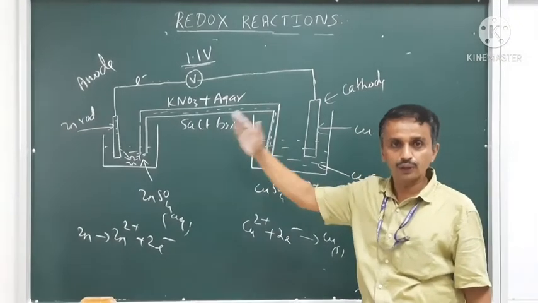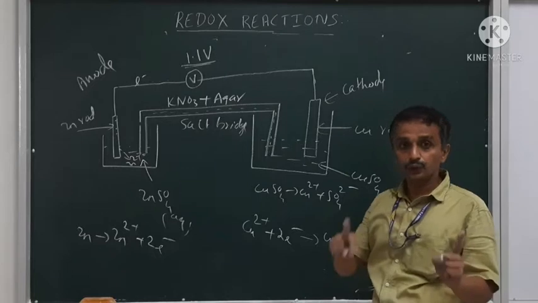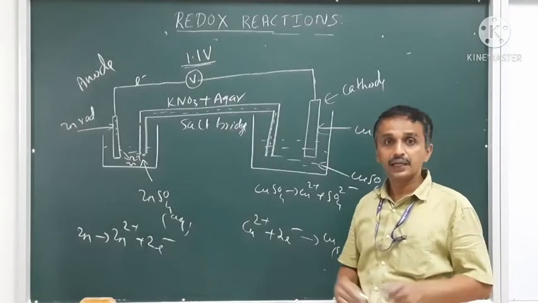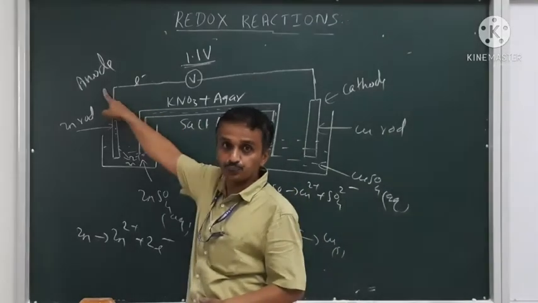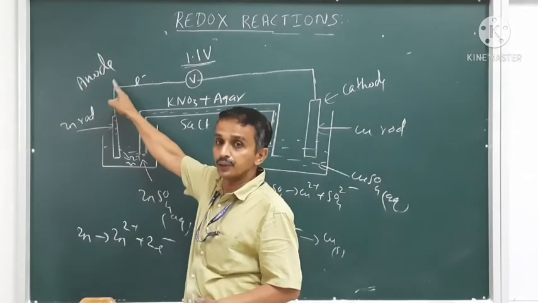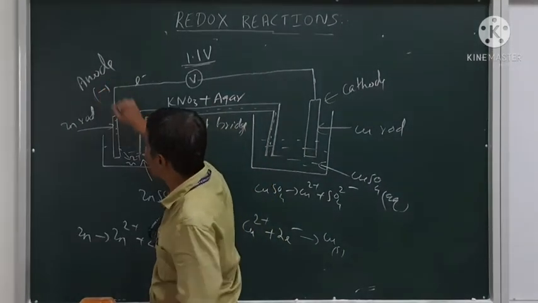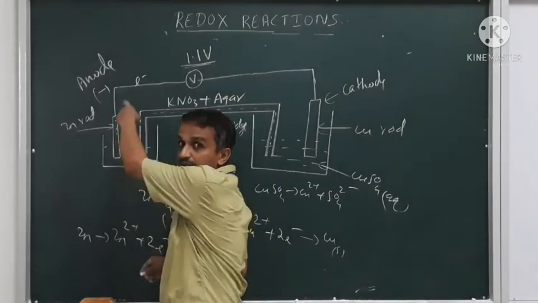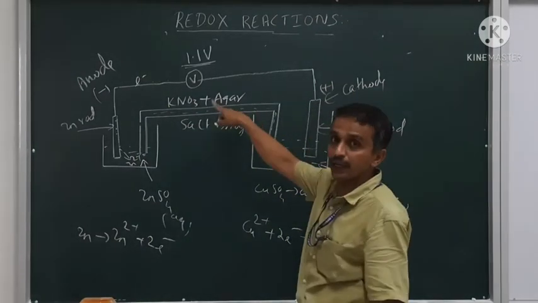Oxidation at anode, reduction at the cathode. And the only difference is that in the electrolytic cell, anode is positive, but in an electrochemical cell, your anode is negative because of this accumulation of electrons, and the cathode is positive.